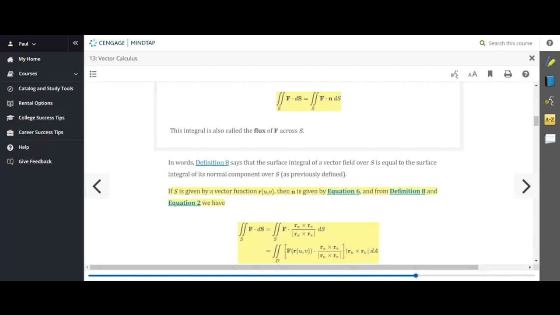But then you have this, they replace the dS also with the cross product of r_u, r_v, dA. Now what's that about? Let's talk about that. So the dS, you know, again, you have some patch here, right?